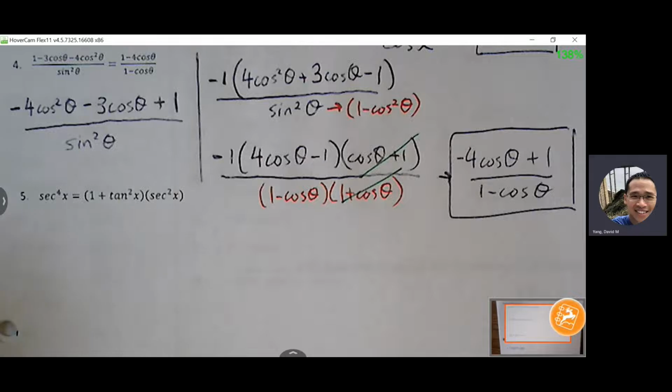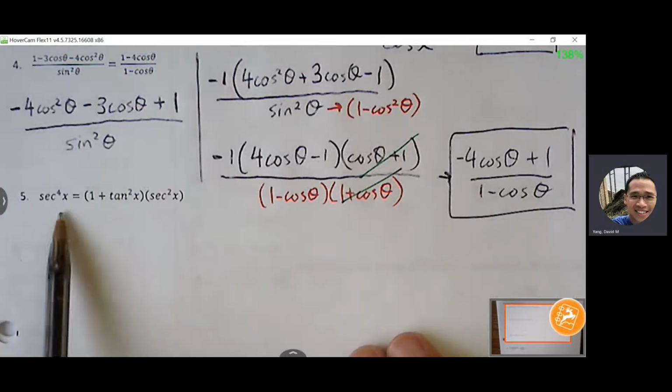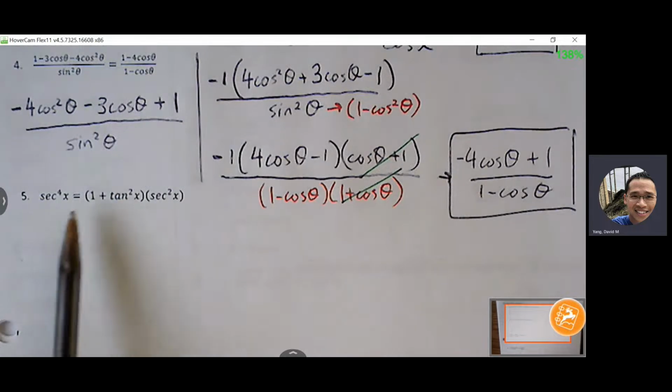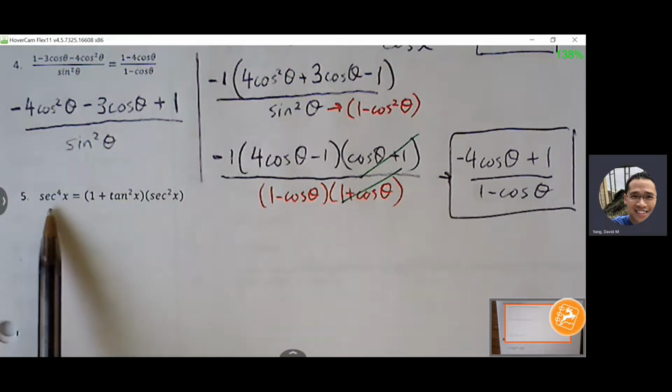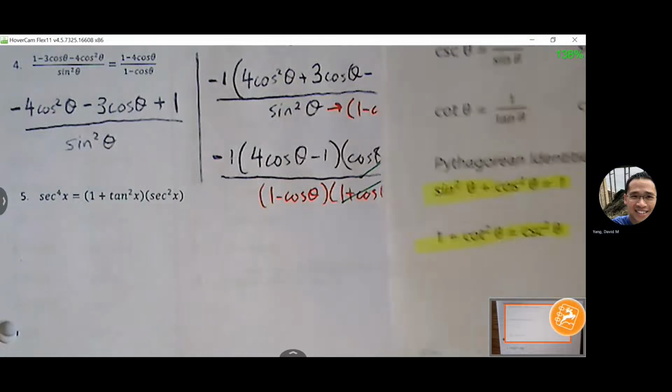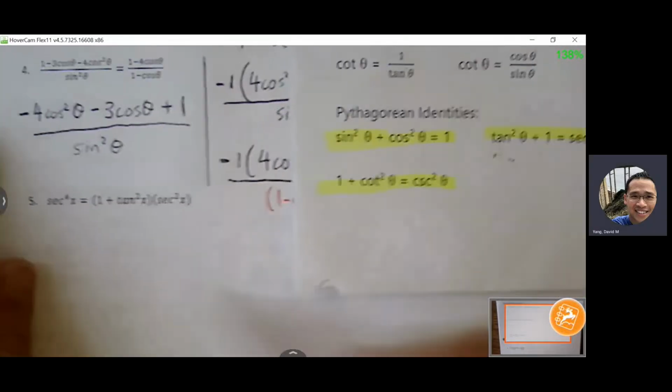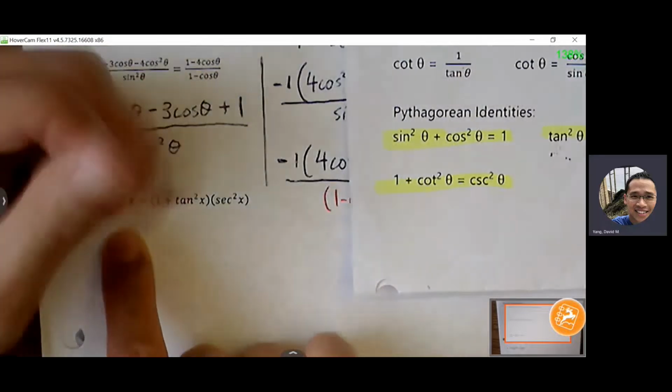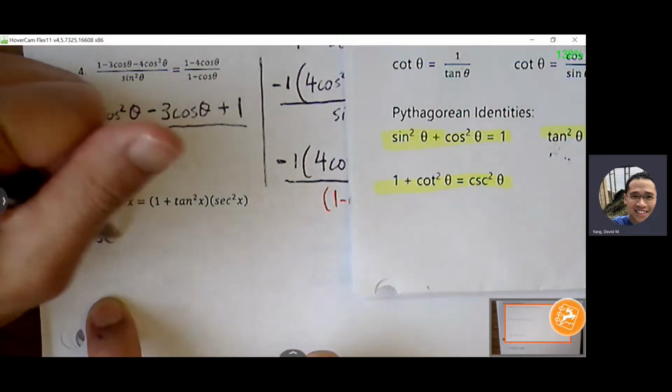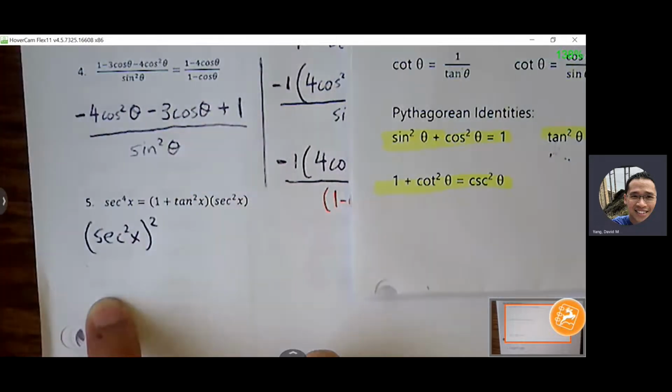Okay, number 5. Secant to the 4th. We don't have an identity for secant to the 4th, but we do have an identity for what? Secant squared, right? So why don't we make that something secant squared related? So I can just make it secant squared squared.